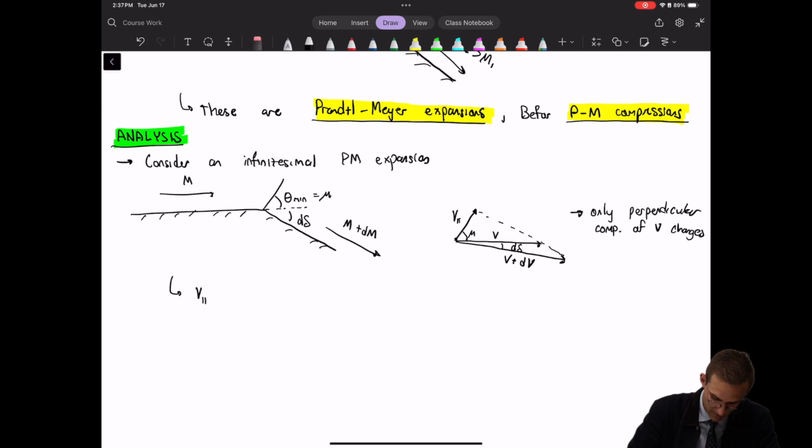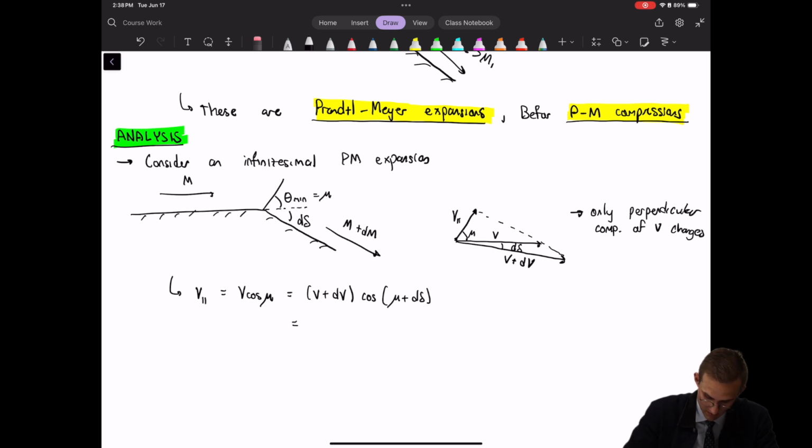So the parallel component of the velocity is equal to v times the cosine of mu, just by virtue of that diagram that I just drew. And we know that that's going to be equal on the other side to v plus dv times the cosine of mu plus d delta, right?